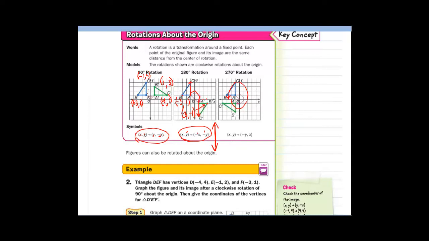So this time, if I'm going 1 90-degree turn the other way, to the left, I'm still changing positions, but this time I'm changing the sign of the y. Okay? So, again, let's do C. C used to be at negative 1, 4. So if I do 90 degrees, I'm only turning part of the way. I need to flip-flop my numbers, and my y changes signs.